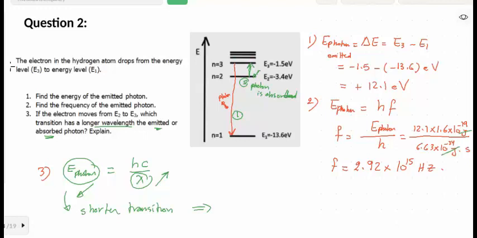So the shorter transition is the upward transition. Is it clear? Which is the absorbed one.